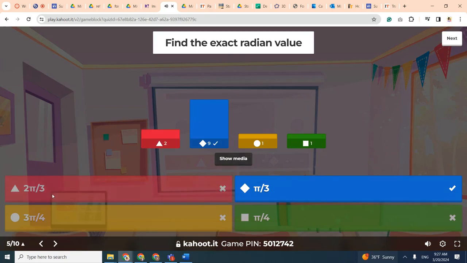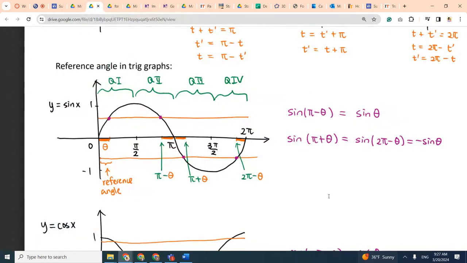Why don't we choose the 2 pi over 3? Okay, notice that pi over 3 is like here, right, everybody? And the 2 pi over 3 is here. They both give us sine of x equal to root 3 over 2.